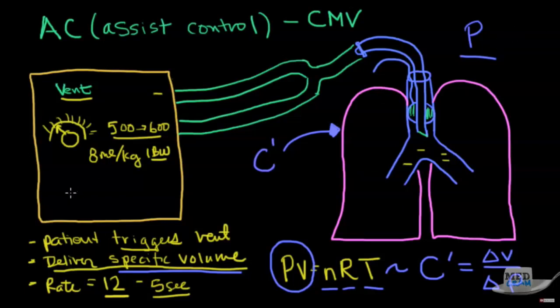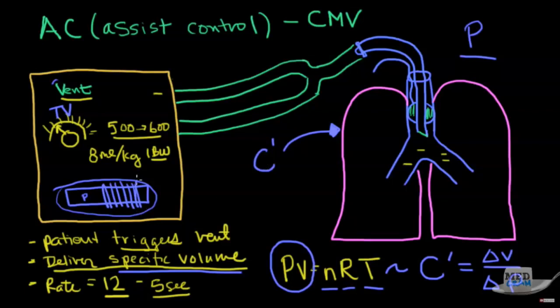The point of this is that you need to have a readout that tells you what the pressure is in that lung, so you can know what the compliance is. So in this mode of ventilation, you set the tidal volume, you're setting how much volume of gas is going to go into the lung, and based on the compliance of the lung, the ventilator will tell you what the pressure is.